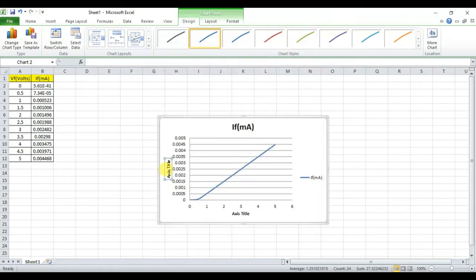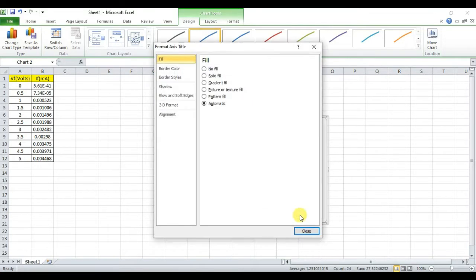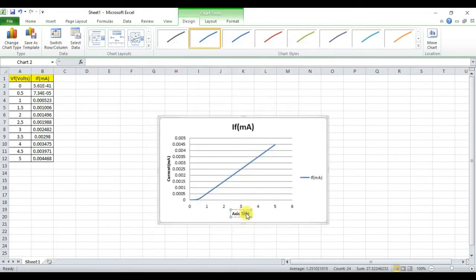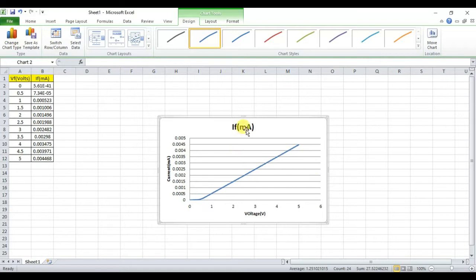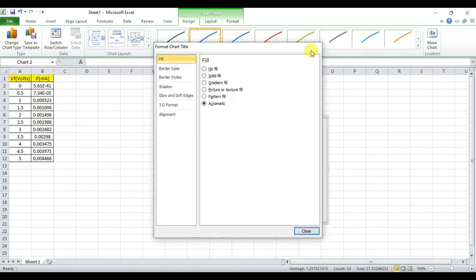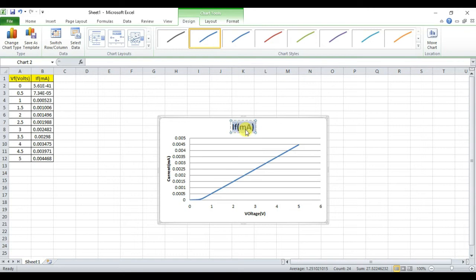In this I am taking current IF in milliamps. Similarly here I am taking voltage in volts. You know that these are the forward characteristics, so I am just renaming this as forward characteristics.